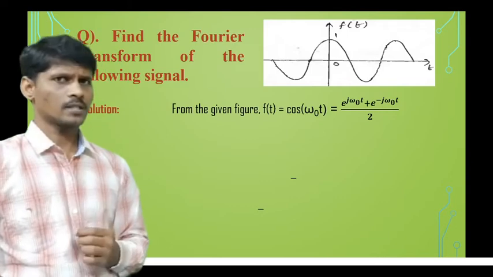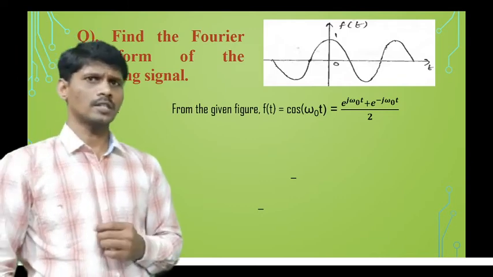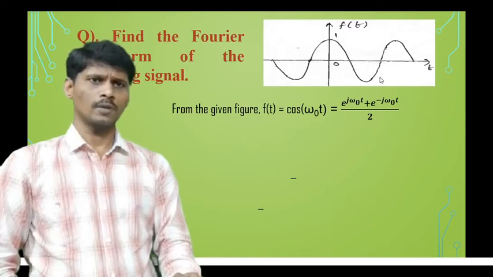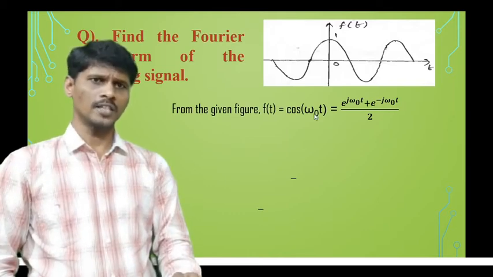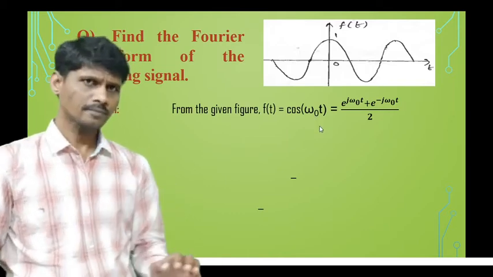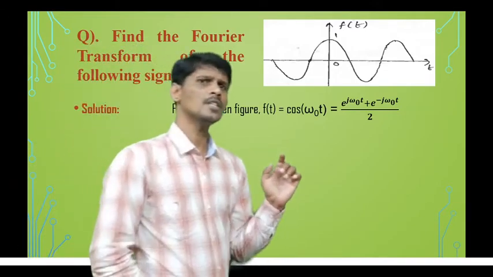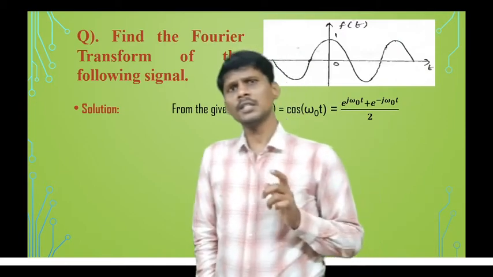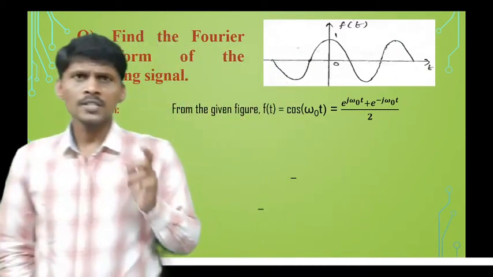Cos of omega naught t is written in terms of exponentials: e power j omega naught t plus e power minus j omega naught t, divided by 2.